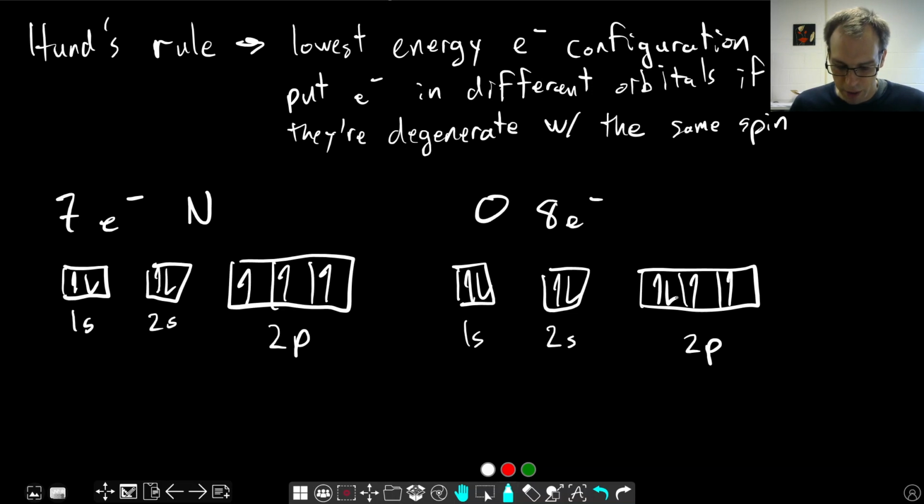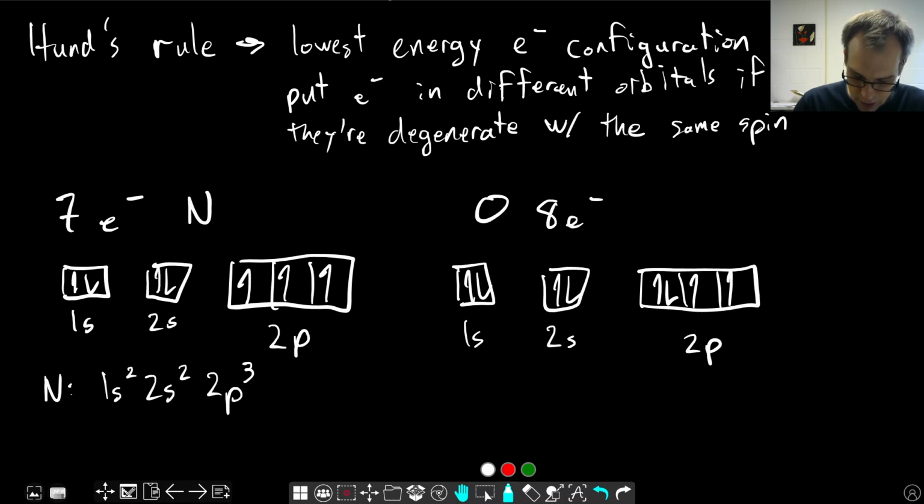Now, one other thing I'll mention is one way we can simplify writing out these electron configurations. Nitrogen, we could write as 1s2, 2s2, 2p3. Oxygen would then have 2p4.